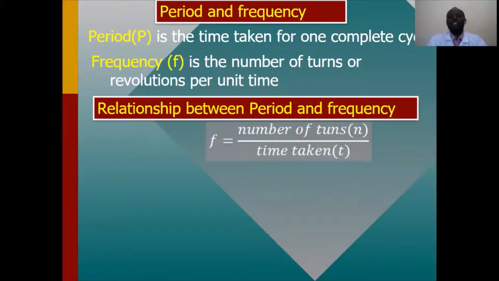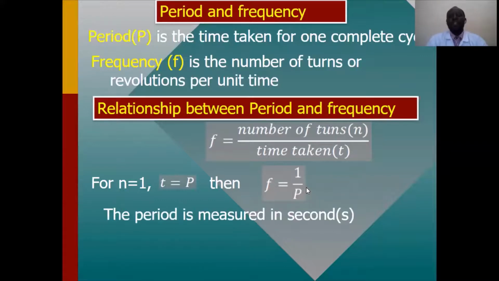From the definition of frequency, frequency is equal to the number of turns over time taken. For one turn, for n equal to 1, the time will be equal to period, because period is the time taken for one turn. Then the frequency will be equal to the inverse of period. Frequency is equal to 1 over period.